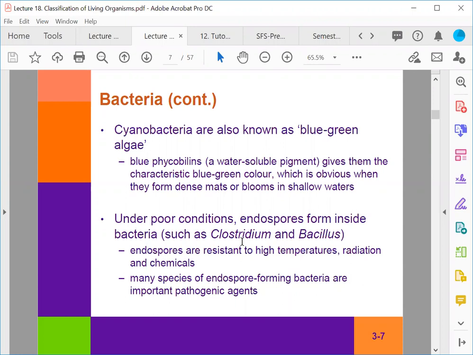So you can imagine how important it is to be able to destroy endospores. And here's another good example, Bacillus anthracis. That's the bacterium that causes anthrax. And that's why you can suddenly have an outbreak of anthrax when those spores that have been lying dormant in the soil for such a long time are activated to germinate and resume normal growth.